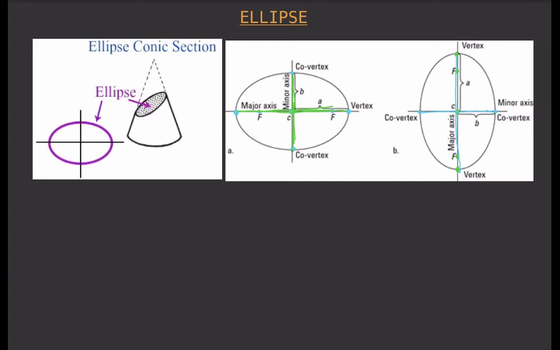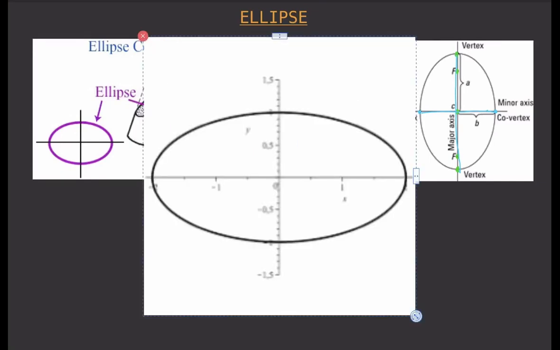Now the ellipse has an interesting characteristic that is unique to itself. Let me show you what I mean. Say this is your ellipse, and these are your foci.